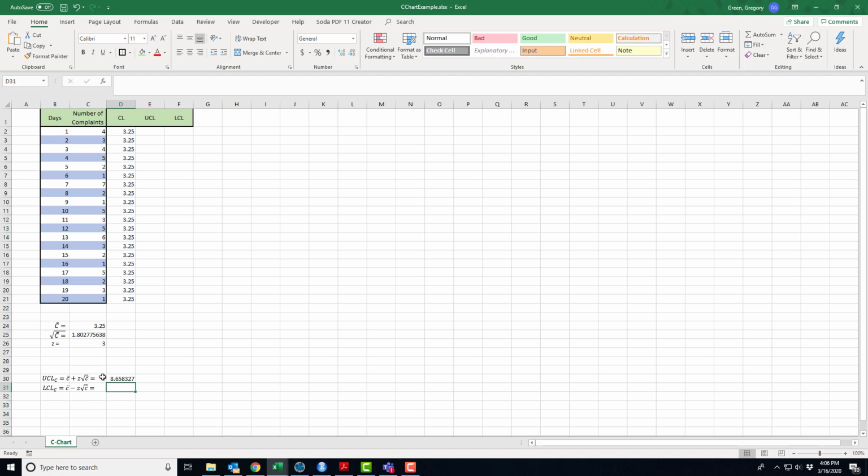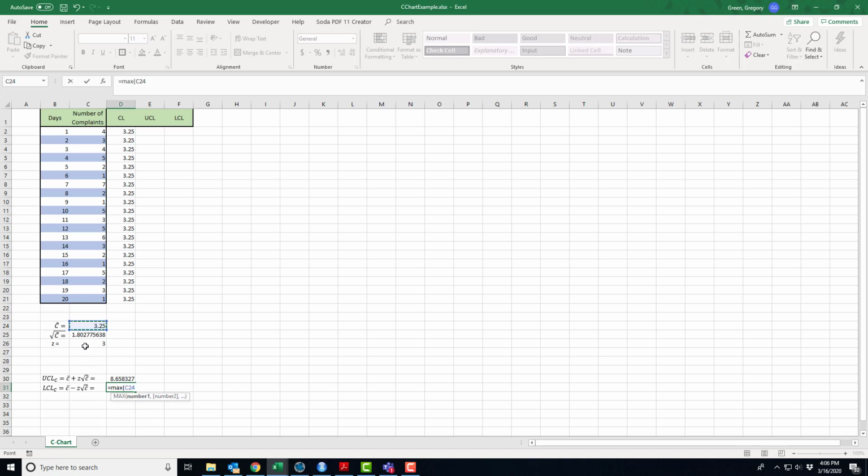Okay. All right, well, what do I need in this lower control limit? Well, first of all, I can't have a lower control limit that is less than 0. So I want to make sure that I'm not dipping down below 0. So that's why I'm using this max function. If I'm going to use the max function, then I'm going to input this equation.